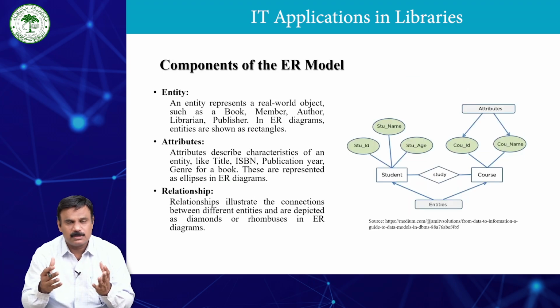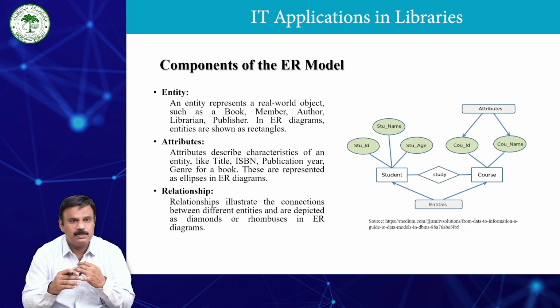Now let us see what are different components of ER model. One is entity, attributes, and relationship. The entity means it is a real world object such as a book or a member or an author or a librarian or a publisher. So that is what we call as an entity. In the given ER diagram, entities are shown as rectangles.